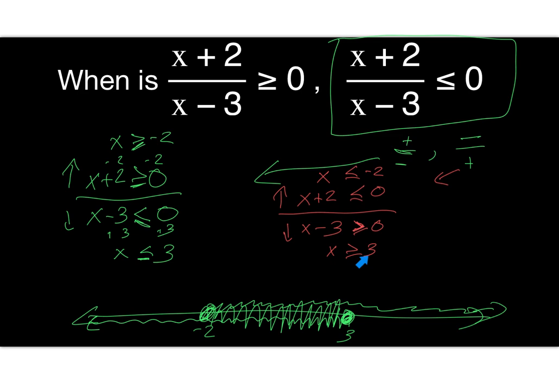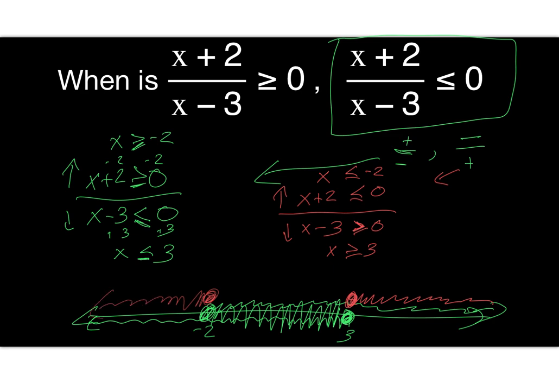I go to 3. I have a closed dot. Greater than means I'm shading to the right. Closed dot, shading to the right. Up here, negative 2. x is less than or equal to negative 2. So negative 2 is my boundary point. Less than or equal to means closed dot. x is less than, I shade to the left. I go to negative 2, closed dot, shade to the left.